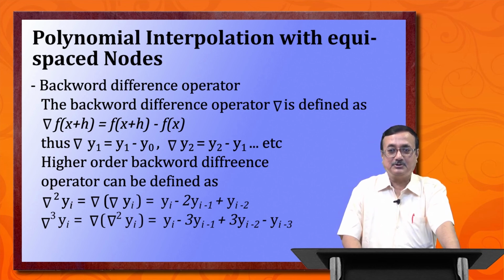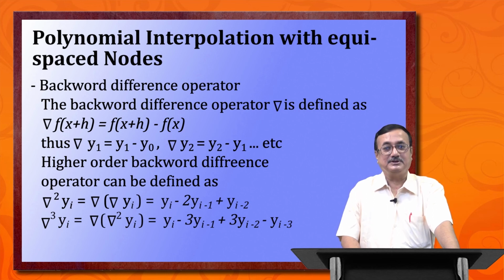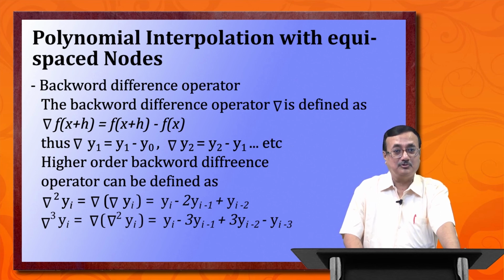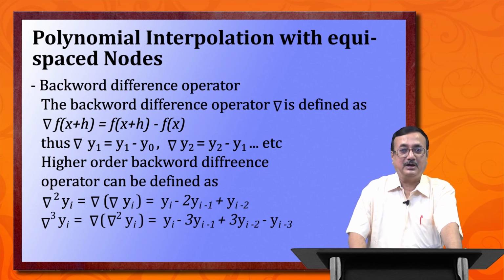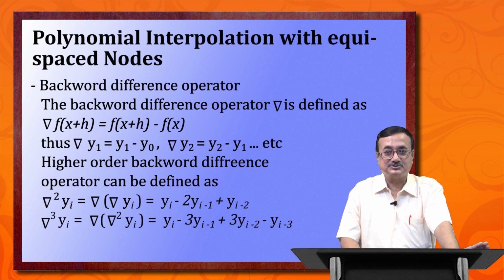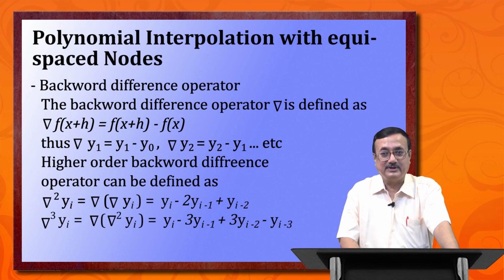If nabla is operated on y2, we will get y2 minus y1, etc. Similarly, we can go for higher order backward differences. Nabla square on yi gives yi minus 2y(i minus 1) plus y(i minus 2).